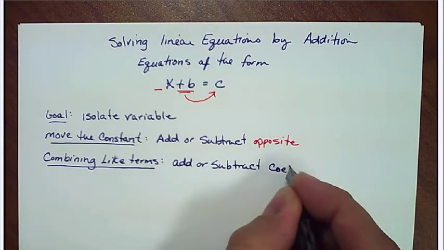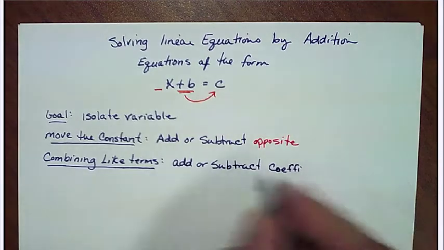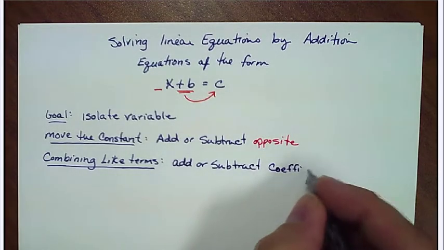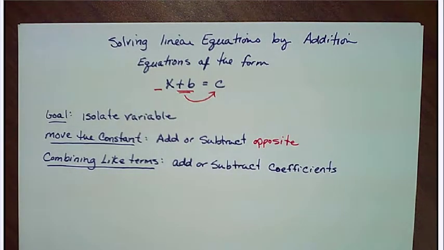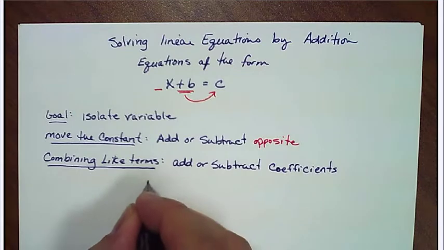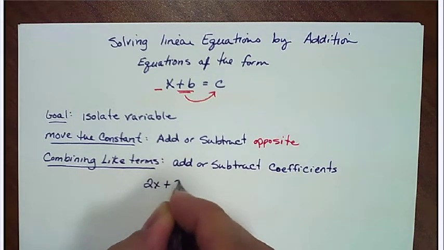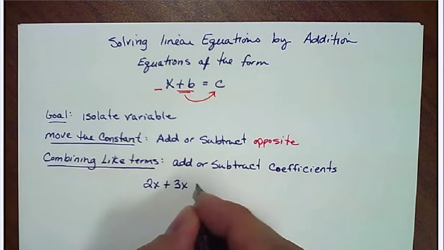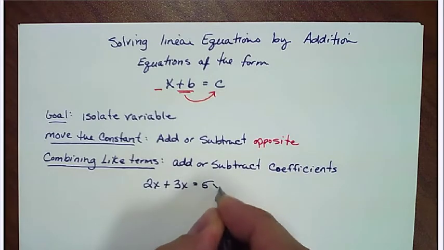Coefficients only. Your variable is always going to stay the same whenever I'm combining like terms. So that would be things like if I had 2x plus 3x. Well, we're just going to combine our coefficients. That's going to give me 5x, right?